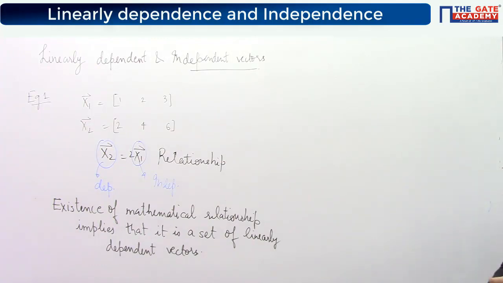Existence of a mathematical relationship implies that it is a set of linearly dependent vectors.